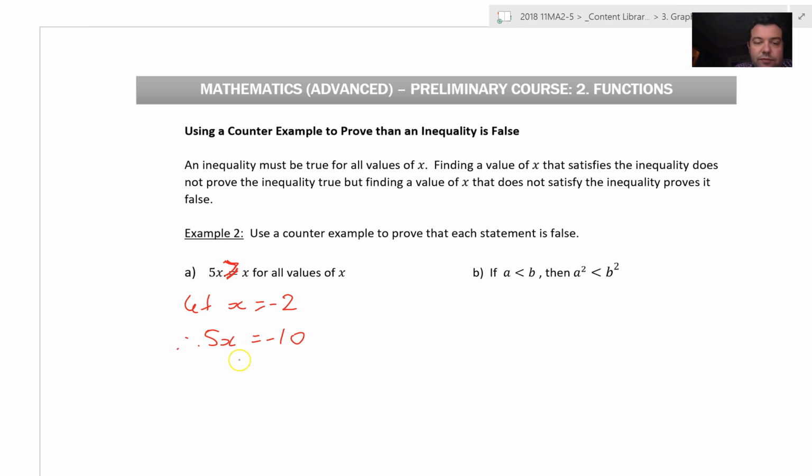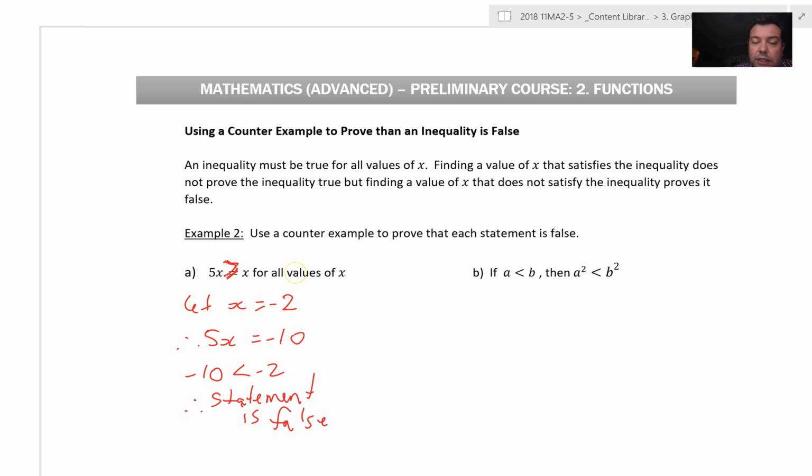Right, now, -10 is less than -2. Therefore, the statement is false. Okay, that's not necessarily true. 5x is greater than or equal to x for all values of x, not for this value of x, not when x is a negative number.